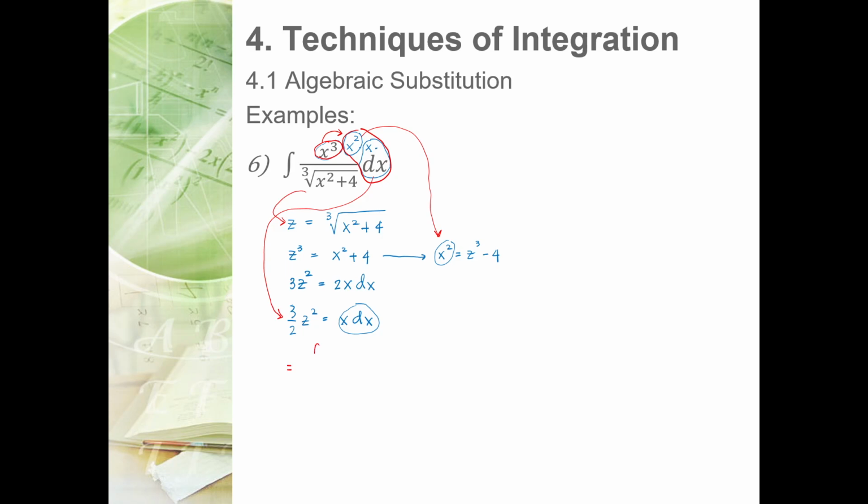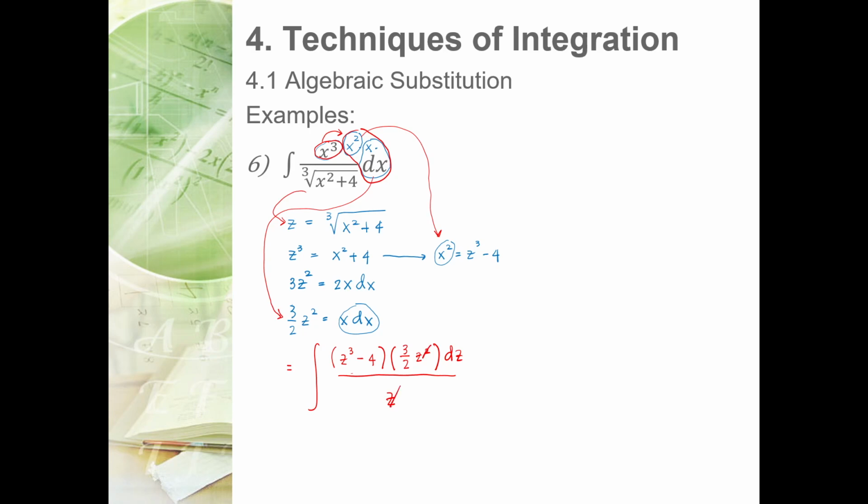Okay, so the equation becomes z cubed minus 4, and then x dx, this is 3 halves z squared dz, all over the z parameter.